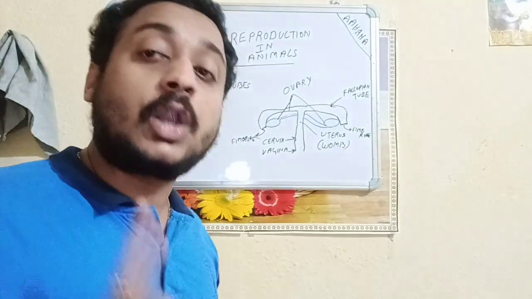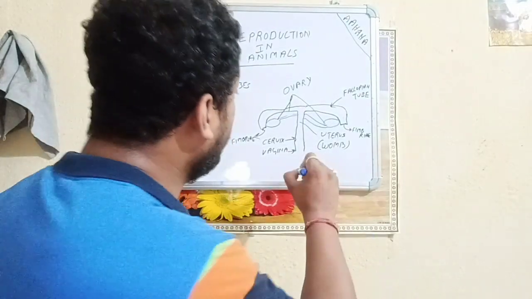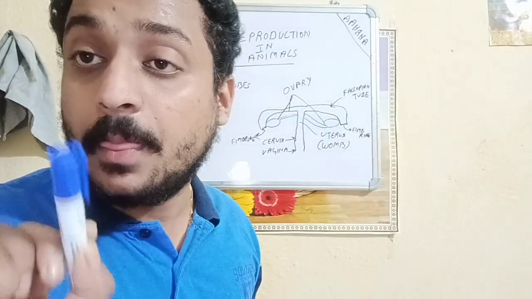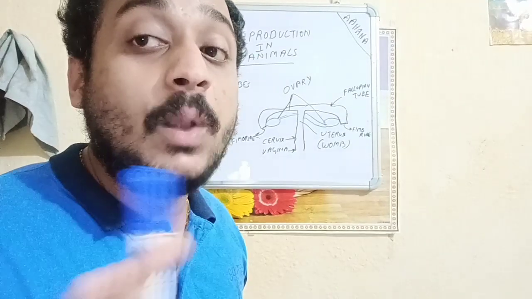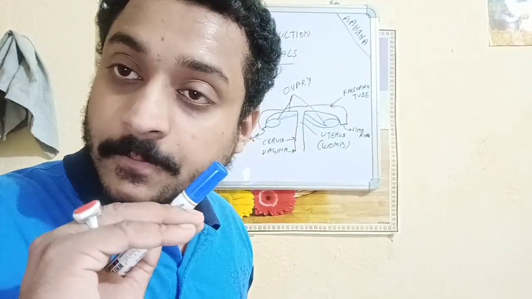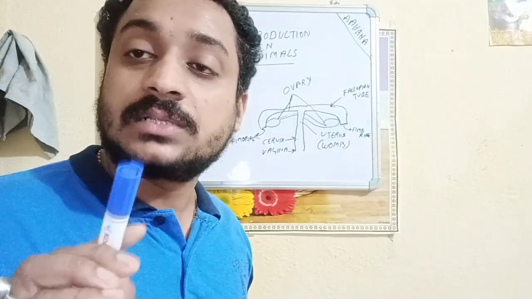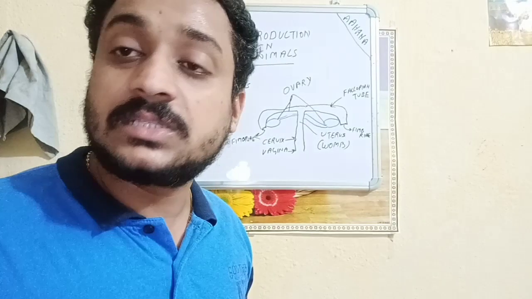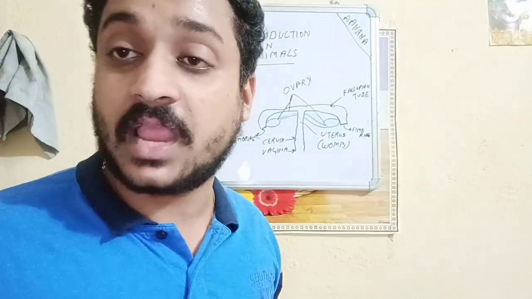But when the egg is fertilized in the fallopian tube itself, at that time the menstrual cycle will not occur. Fertilization means the first step of pregnancy. So for 9 months, once the lady has mated and the sperm has fertilized the ovum, the lady will not have any menstrual cycle.